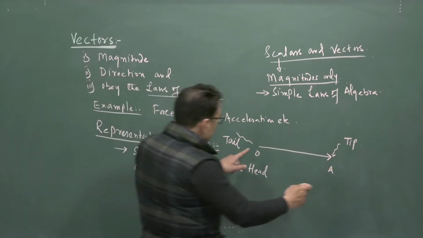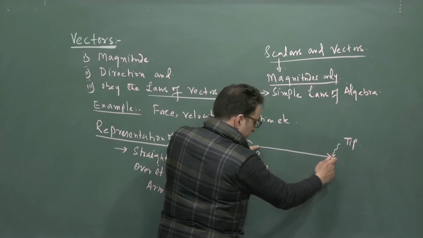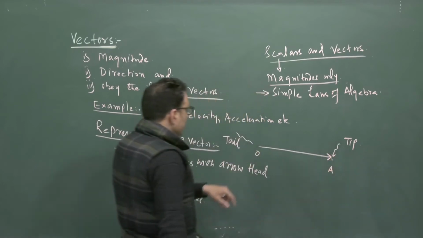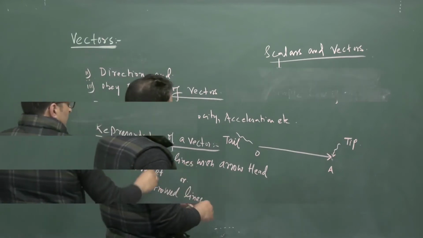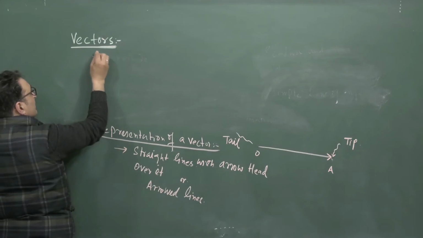Now the length of this arrowed line from O to A represents the magnitude, the length of the vector.